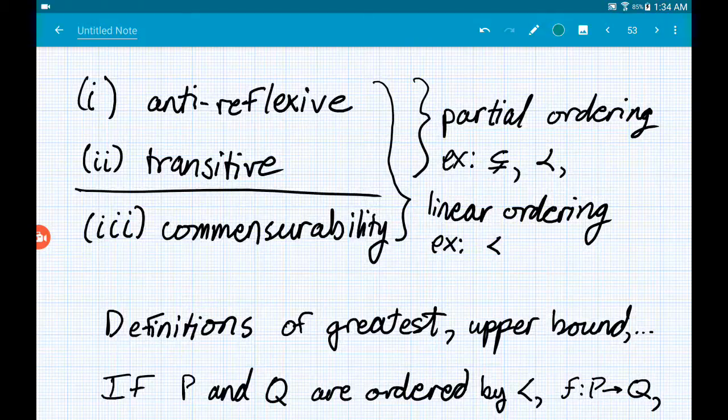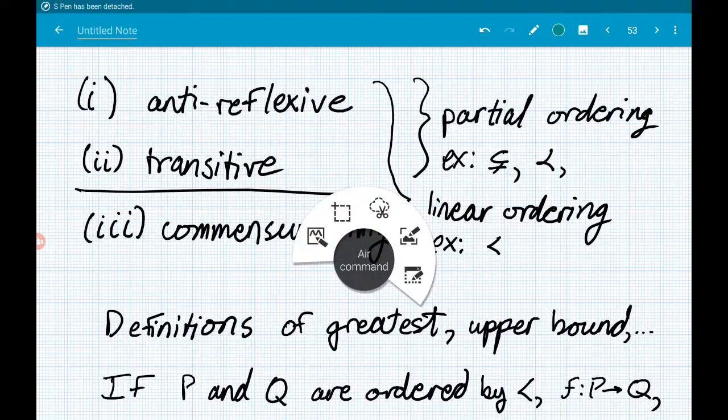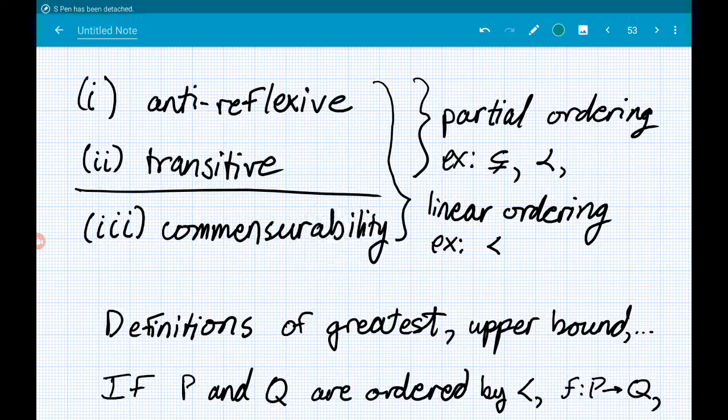Okay, moving on to the second chapter, we start with these definitions of orderings on sets. We call an ordering a partial order if it is anti-reflexive, that is to say, for any element of the set that we may be defining an order on, it is never less than itself.